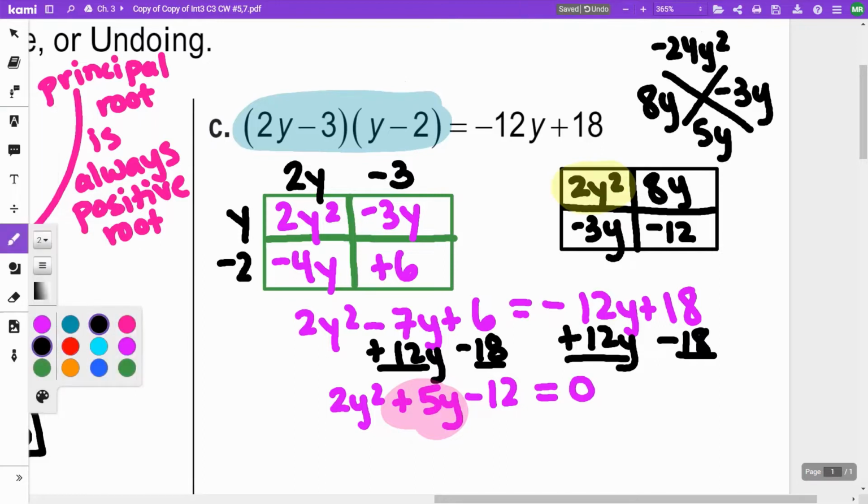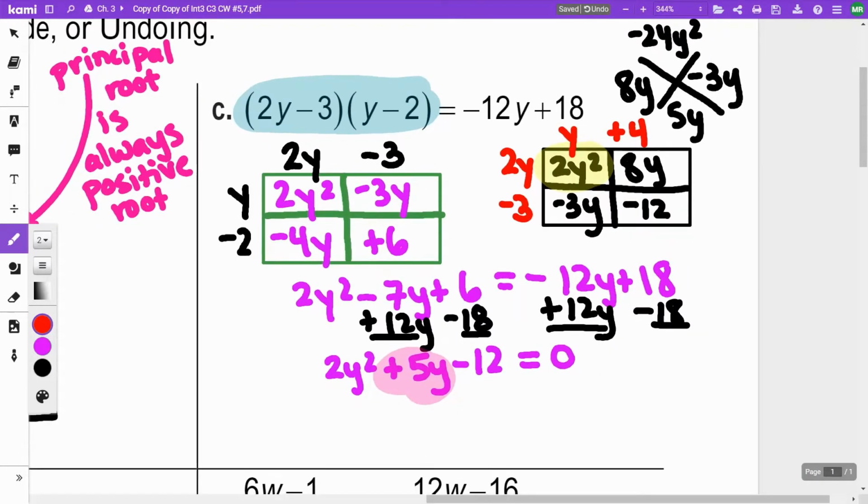And how I got it was I took a 2y times a y. This is now going to be a plus 4. This is now going to be a negative 3. So my factors are going to be 2y minus 3 times y plus 4 is equal to 0.